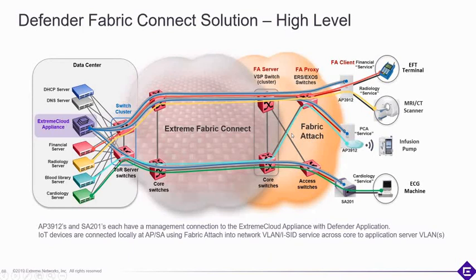Or if you are using Extreme Fabric Connect, we can extend the fabric to the edge, called fabric attach. So all these devices can be fabric attached to the fabric, and then you create a hyper segmentation end-to-end to the device. So that's how you do it. So there are three different ways of doing the connectivity.